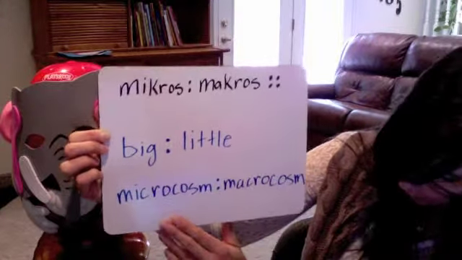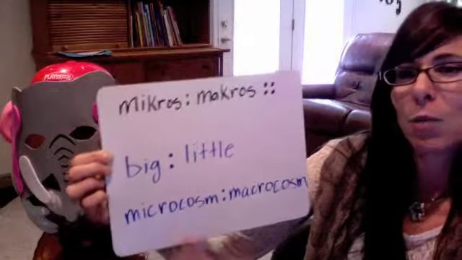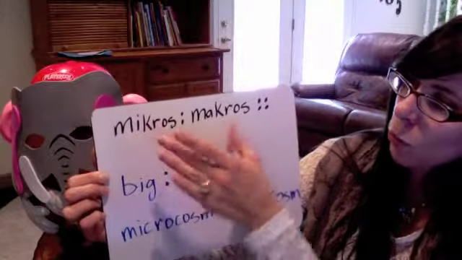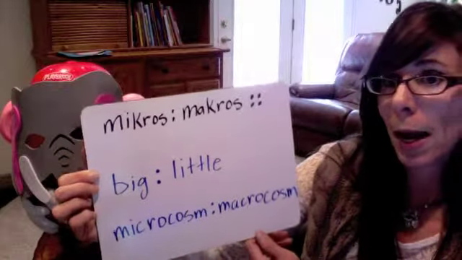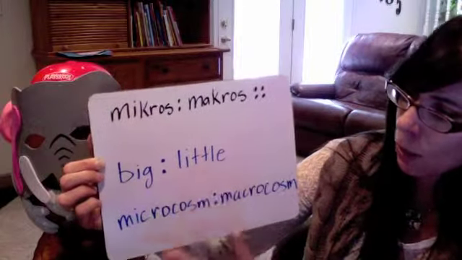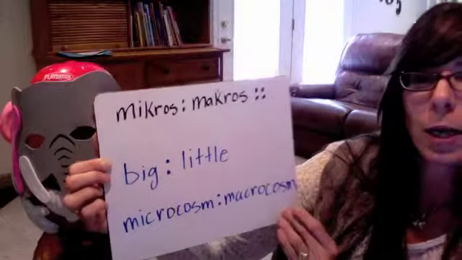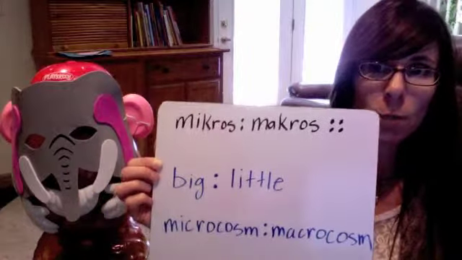And then this one over here means a miniature world, something that resembles something else. And really, I think that the relationship is more that these are the root words of these two words down here. So your answer would be not big and little on this one, but microcosm and macrocosm. So you're looking at the relationship between the words and how they are similar.